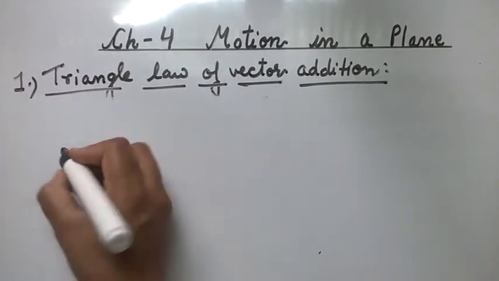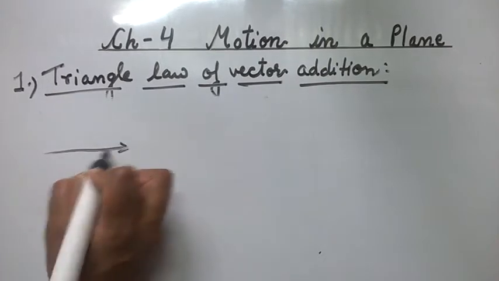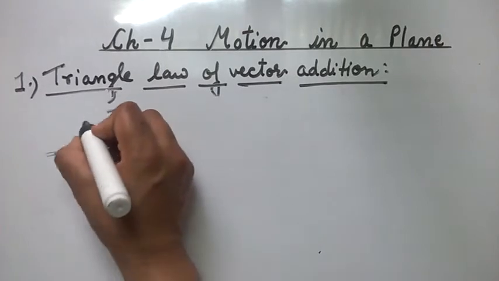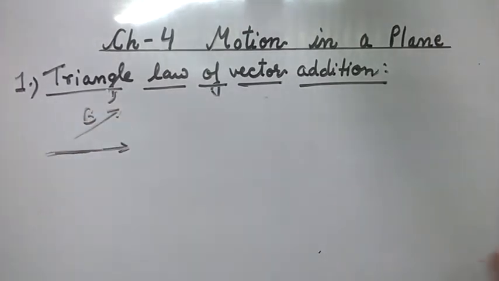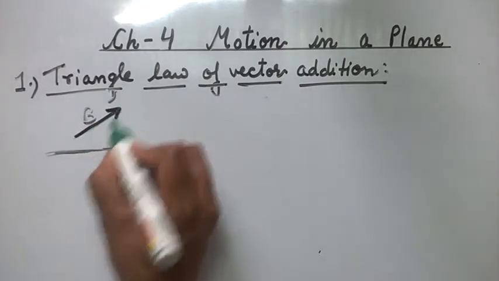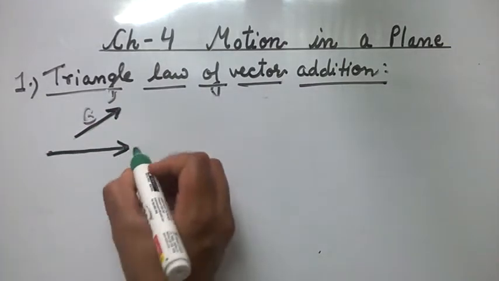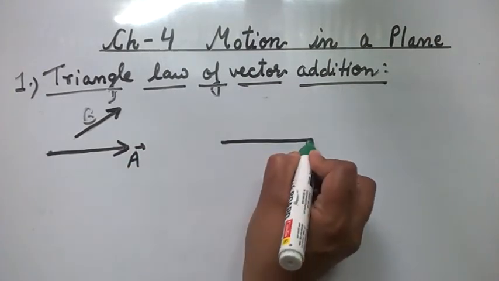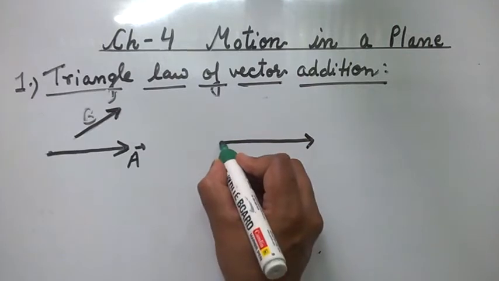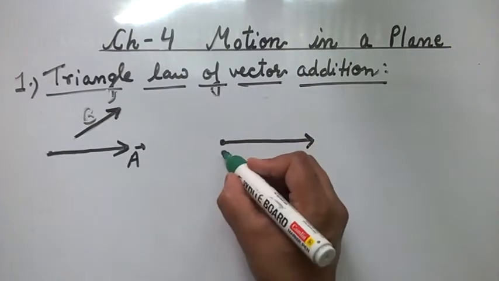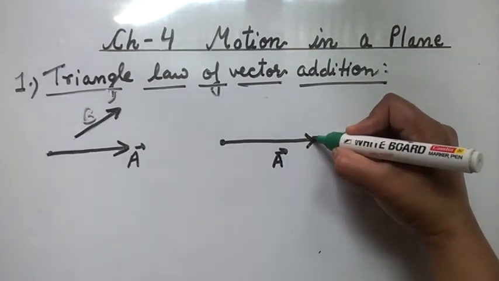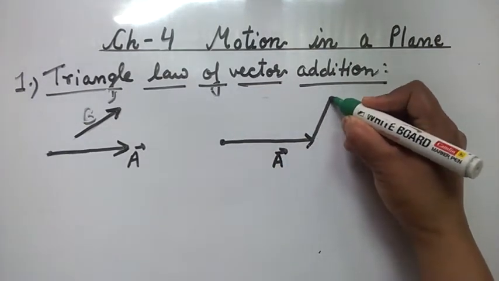If there are two vectors and if we want to add them, they have different directions. Then we will take vector A in one direction starting from the origin, and the other vector coinciding with the head of the first vector.